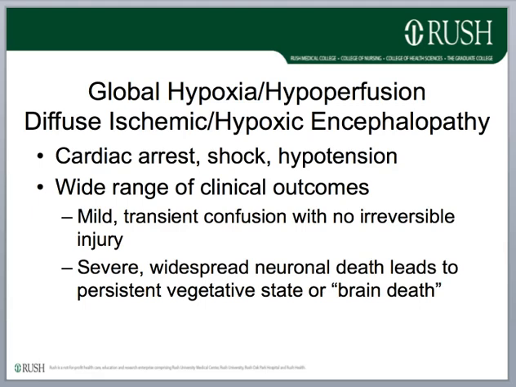It may be mild and transient with no irreversible injury. With severe global cerebral ischemia, widespread neuronal death occurs, irrespective of regional vulnerability. Patients who survive this injury often remain in a persistent vegetative state. Other patients meet the clinical criteria for brain death, including evidence of irreversible diffuse cortical injury.